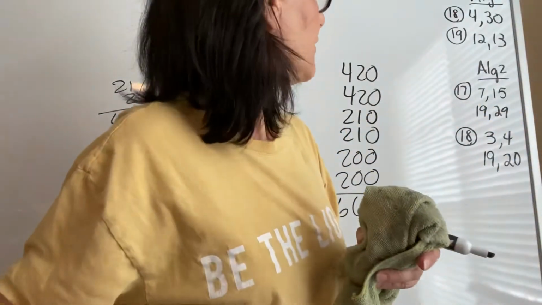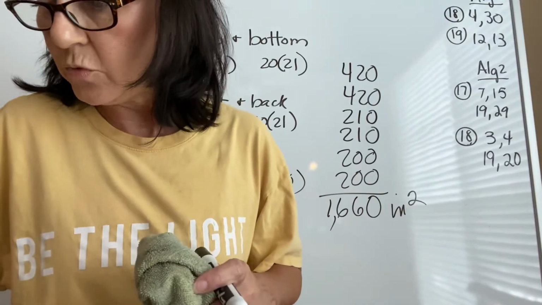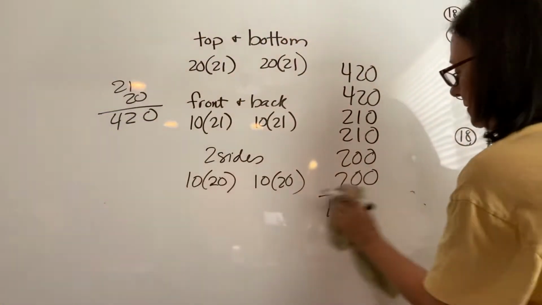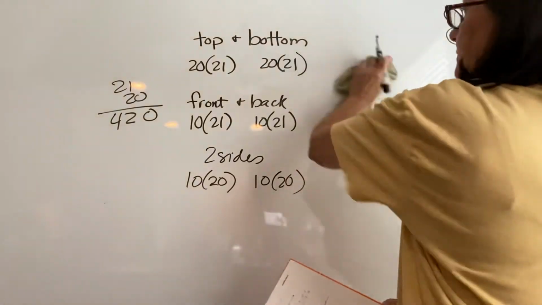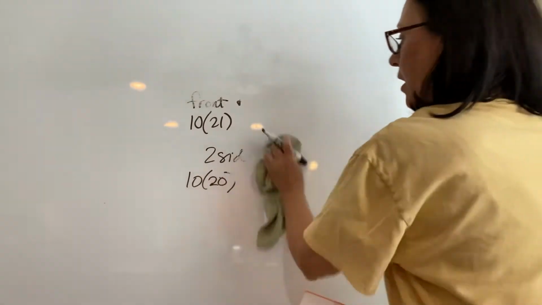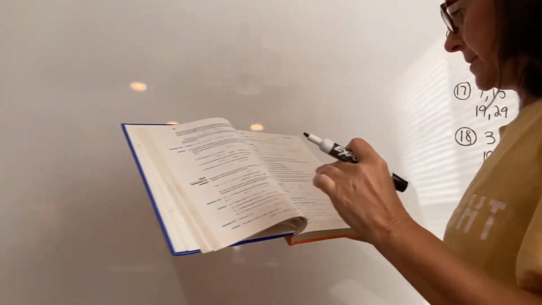All right, so now moving on to lesson 19, numbers 12 and 13. Radicals or square roots are the inverse of exponents.